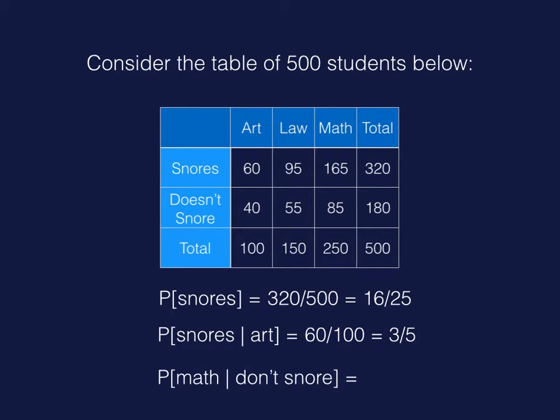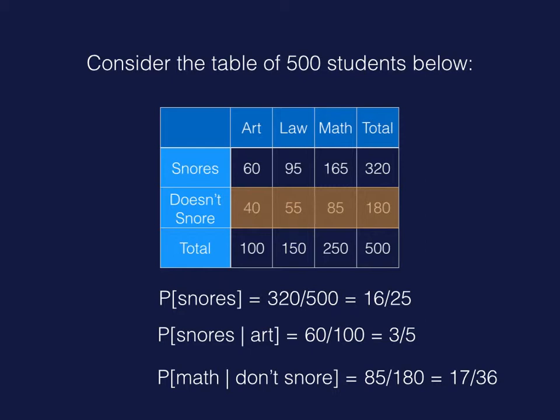And the probability the student studies math, given that they don't snore, so I'm going to focus entirely on the students that don't snore. And out of 180 total students, 85 do math. Simplifies down to 17 out of 36. So this is another way that we can kind of see what's going on. When you do the given statement, it's like you are focusing entirely on just those people and ignoring the rest and doing the regular probability from there.